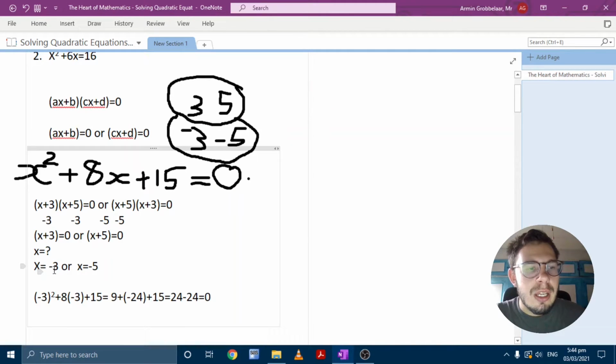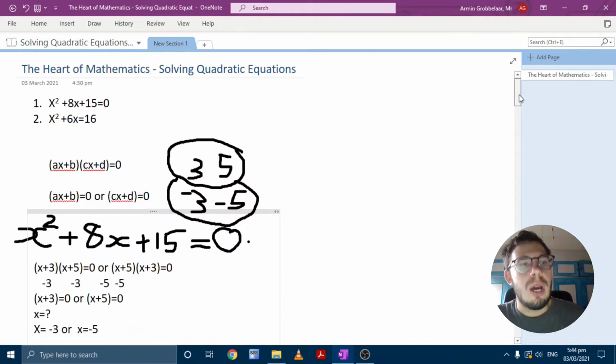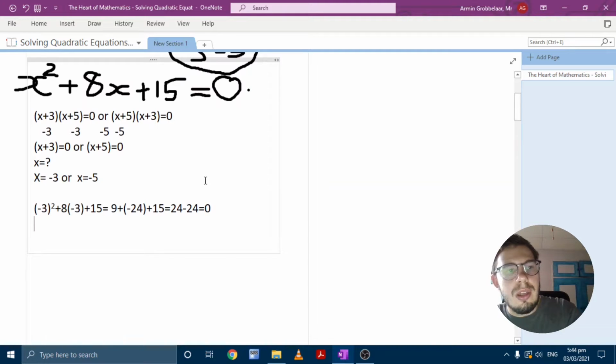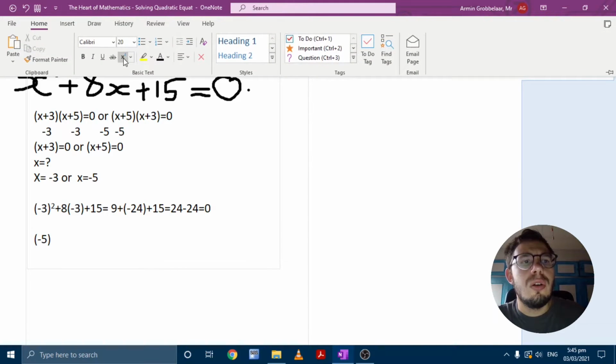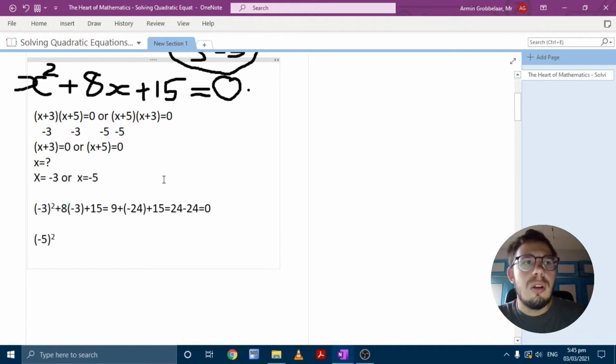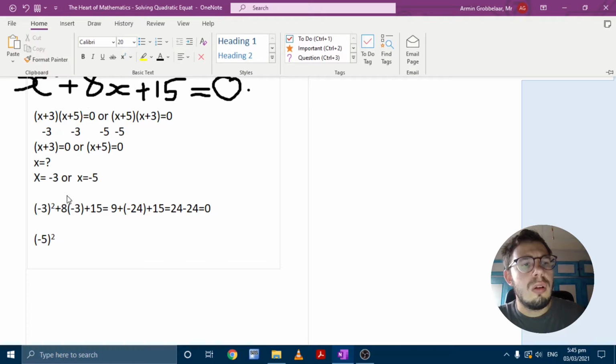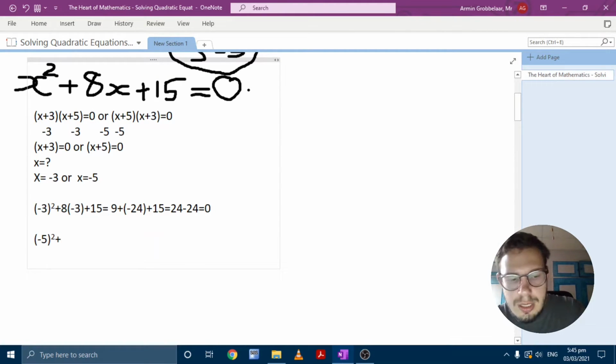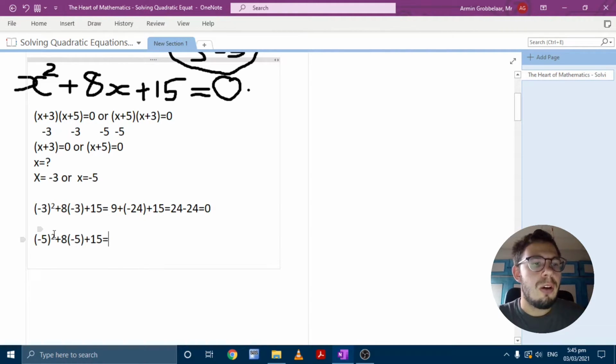So I know my answer of x equal to minus 3 is correct because I get 0 on the right hand side. Now to test the second answer, I say (minus 5) to the power of 2, plus 8 times minus 5, plus 15 is equal to, now minus 5 to the power of 2 is equal to 25.